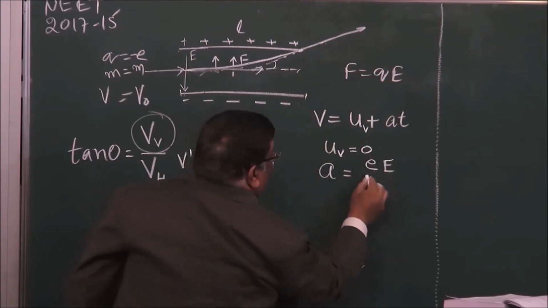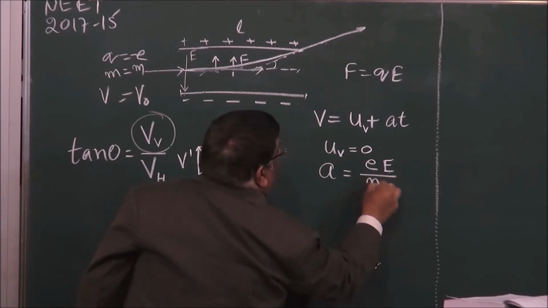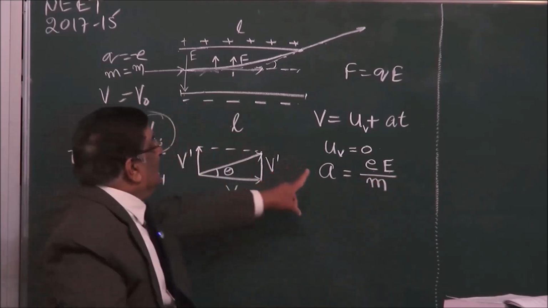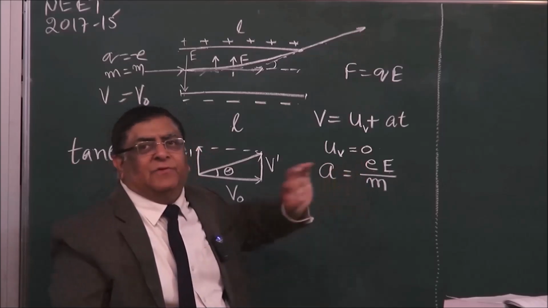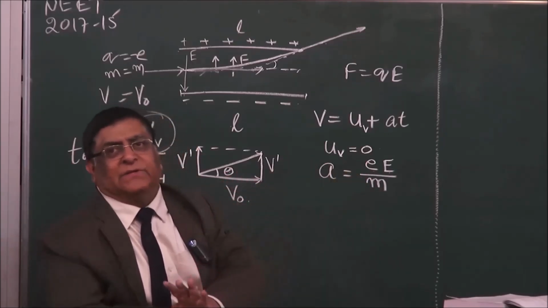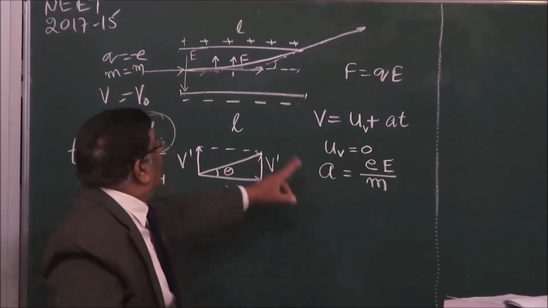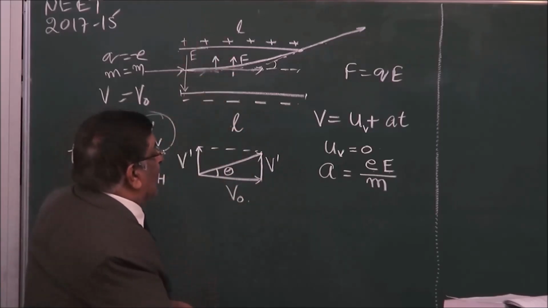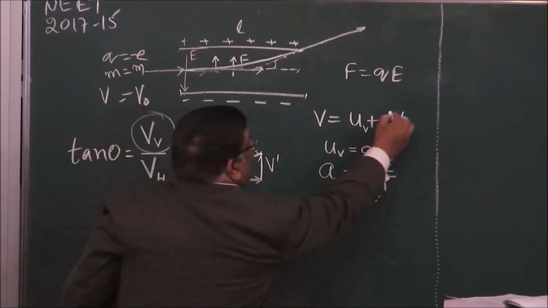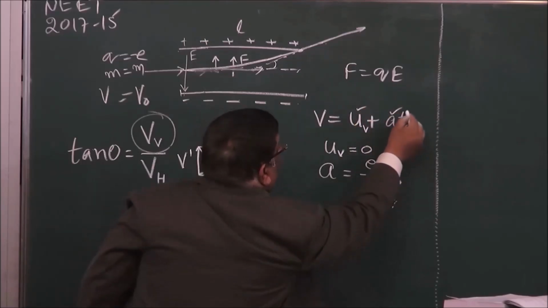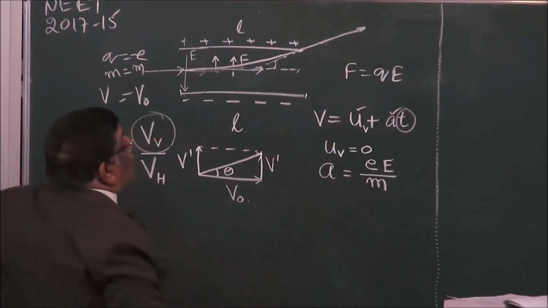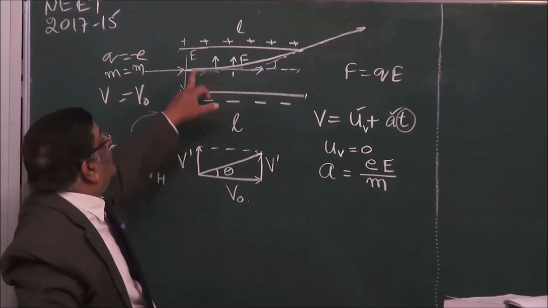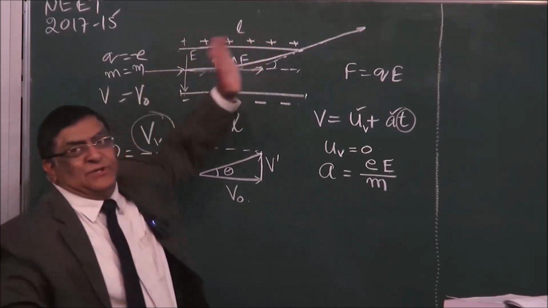This force is to be divided by the mass of the electron, and this is the acceleration. We will not write minus or plus because we know the direction. The acceleration is upward. Now, t: for how much time has this been under its influence?